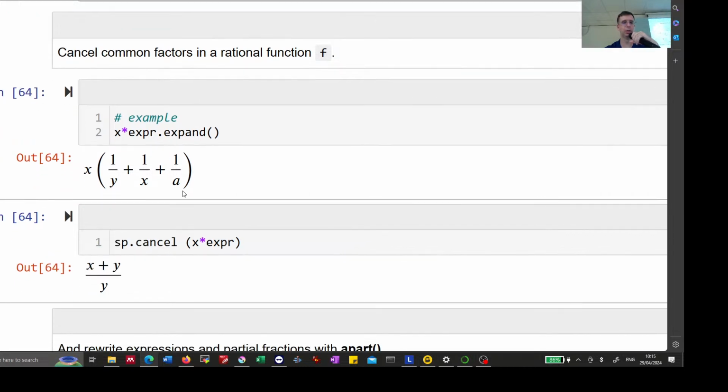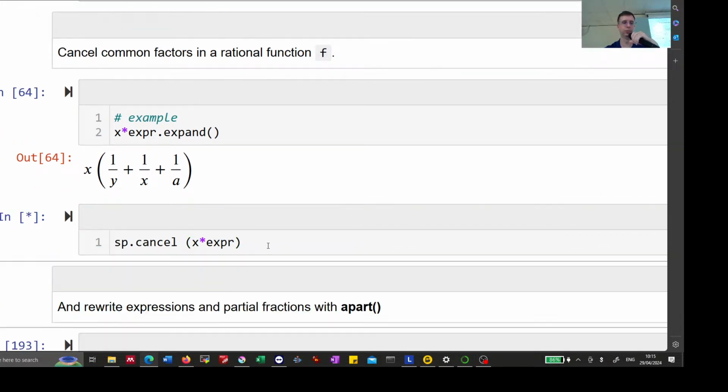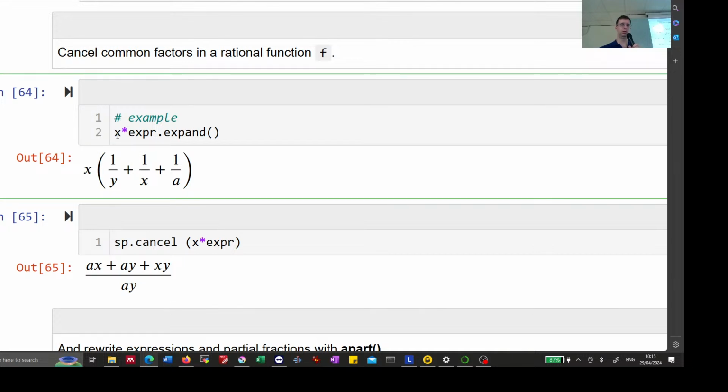Doesn't expand. So can we do cancel? Does it still work? Interesting, no? So expand did not do us any good. Do you see that? So before and after expand, yeah, it wasn't very helpful. Did I do it correct? Actually, I probably didn't.